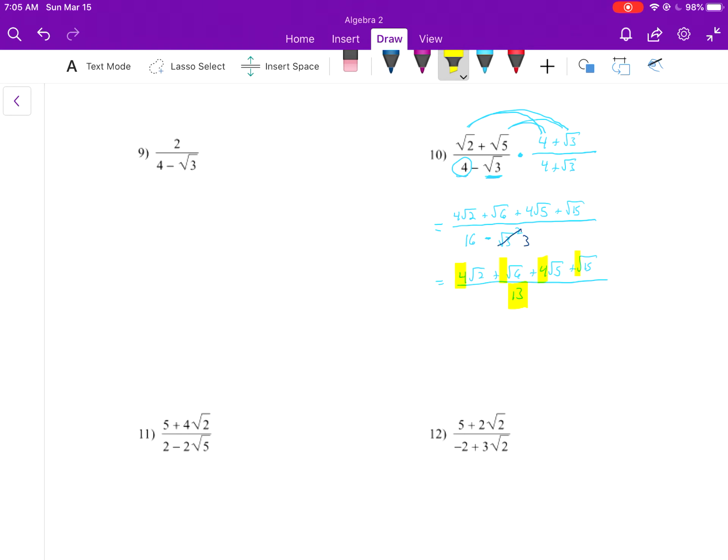This is 13 in the denominator, so there's no factors in 13 except 13, which just definitely doesn't go into 4. So that is our simplified answer there. And you can use that same method to do numbers 11 and 12.